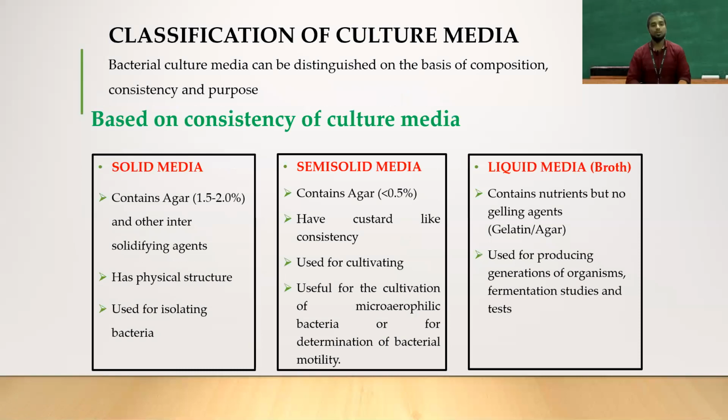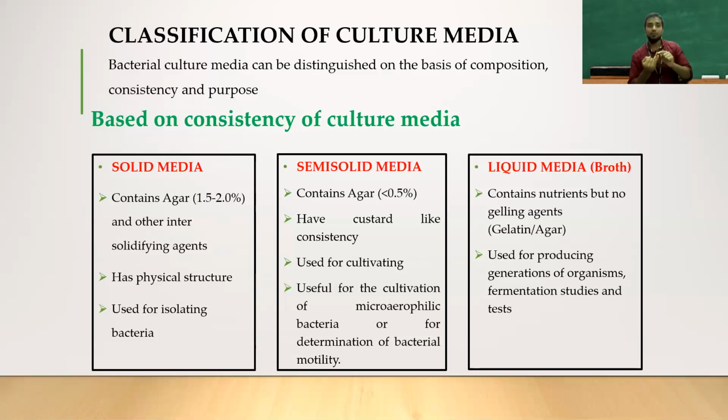So beginning with the consistency of culture media. Basically, culture media can be classified based on three things: composition, consistency, and purpose. Basically, food can be of three types: solid, semi-solid, or liquid. Consider the rice or the chapati that we eat, they are solid in nature.